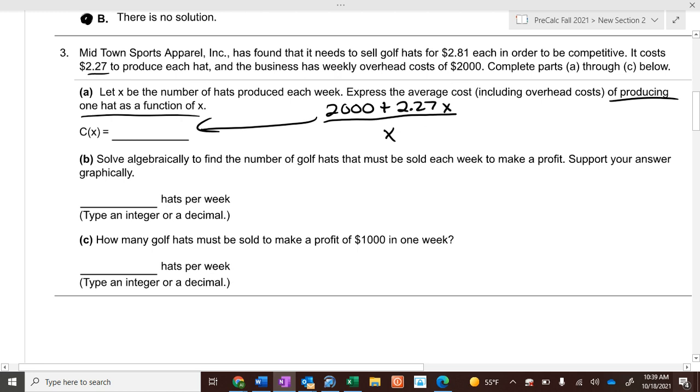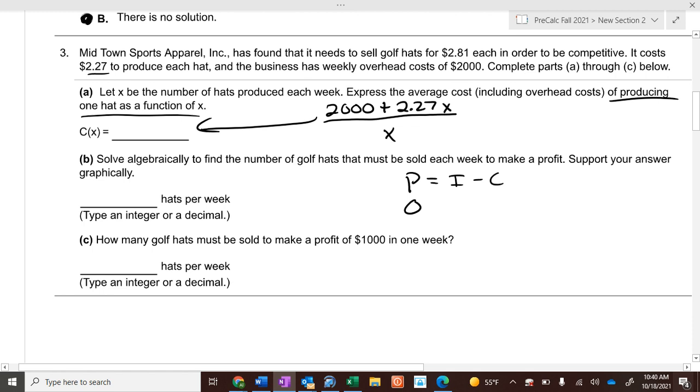Okay, now you want to make a profit. What is profit? Well, profit equals income minus cost, right? So to make a profit, what's a profit? That's like 1 cent over 0, right? So let's figure out your break-even point. Your break-even point gives you a profit of 0.